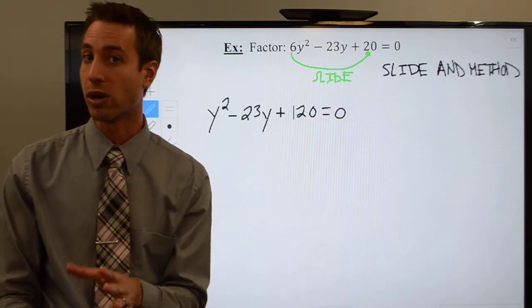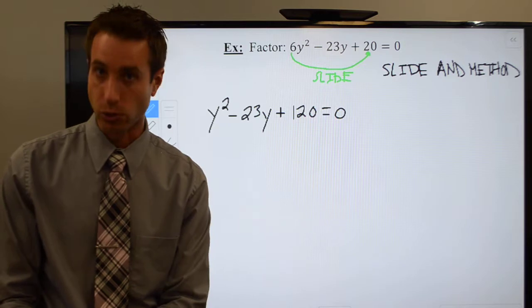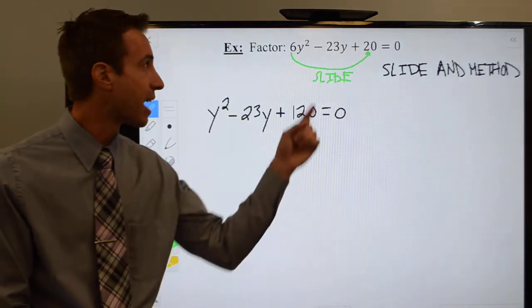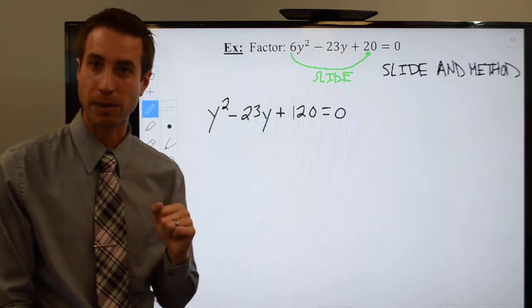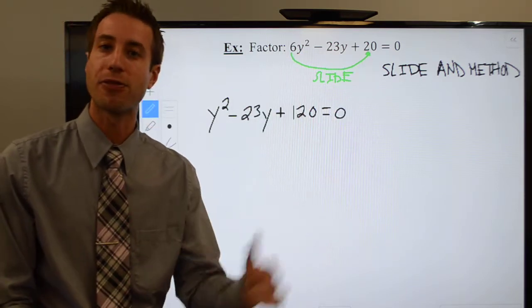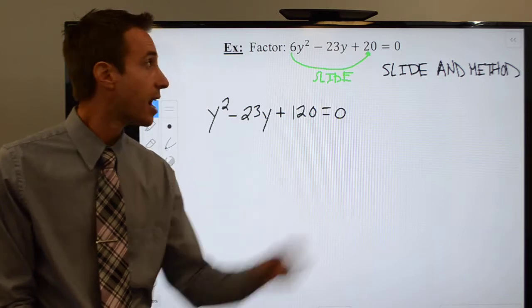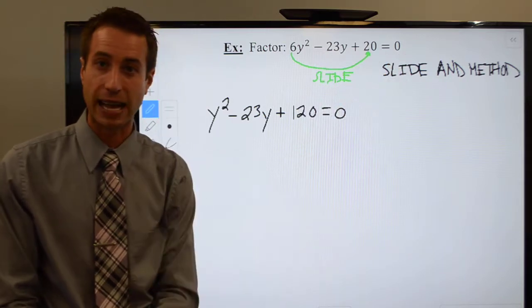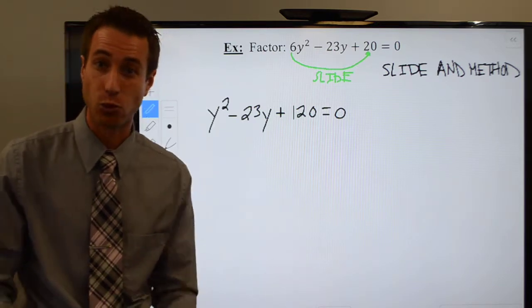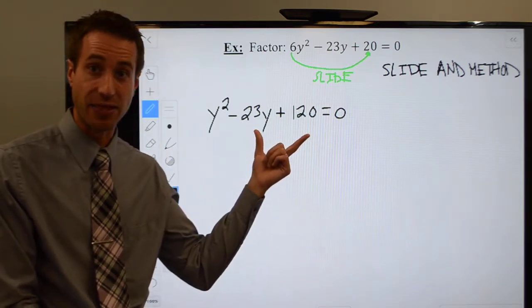Or whatever you do to one side of the equation, you must do to both sides of the equation. Well, here's what I just did. I just multiplied my third term by 6. I left this guy alone and left that guy alone. Yeah, I just broke like 2 of the biggest rules in algebra to get this, all right?